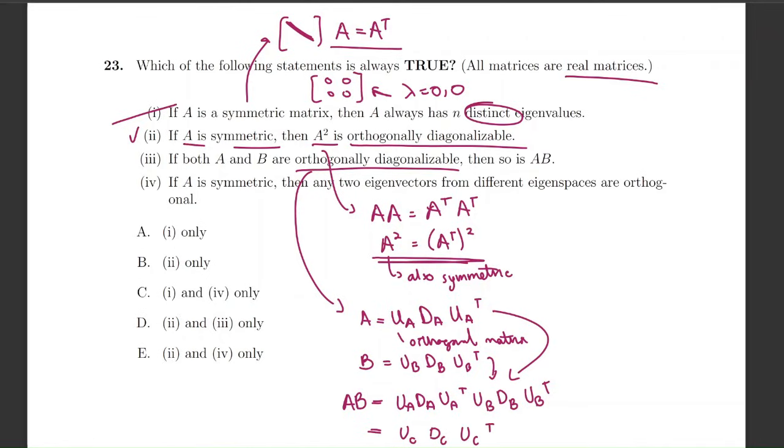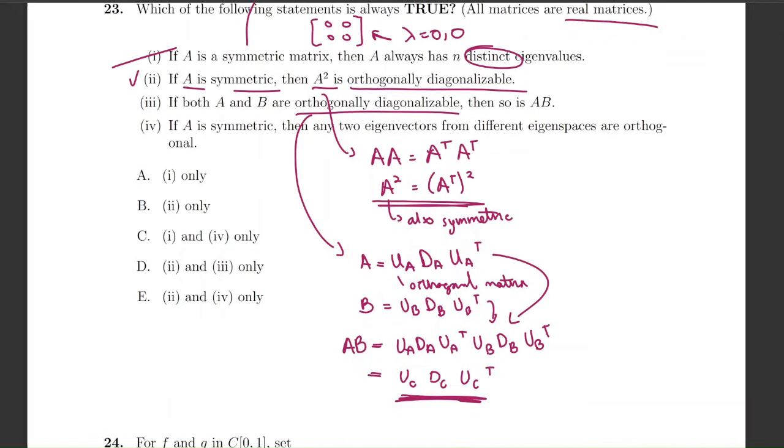If we can write it in this form, then we know for sure that it is orthogonally diagonalizable. But here, we're trying to group these together. In the ideal world, this term would become the identity matrix, which would give you a diagonal matrix times a diagonal matrix, which gives you another diagonal matrix.